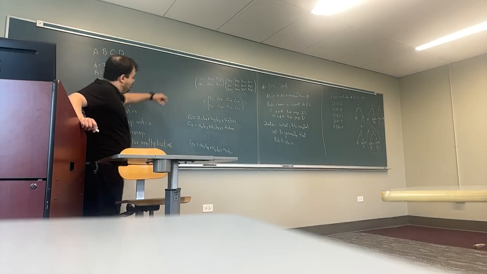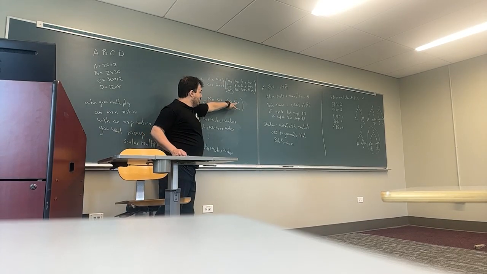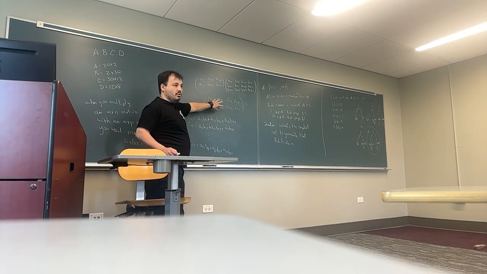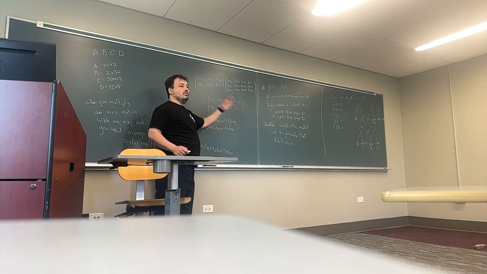So the number of multiplications we have are, so the number of terms here is 2 by 4, right? So there's 8 terms, and each one of them uses 3 multiplications. So the total number of multiplications is 24.